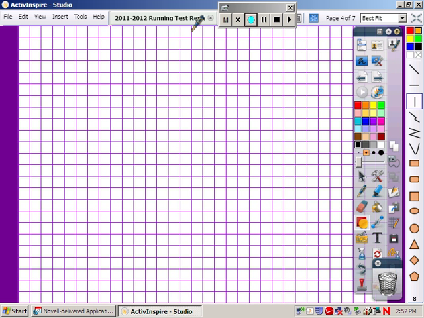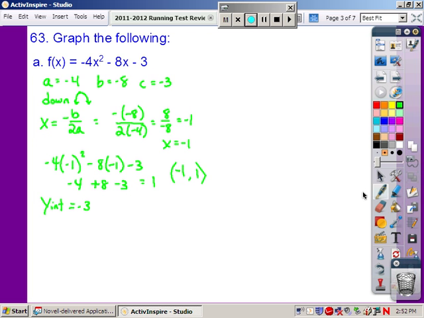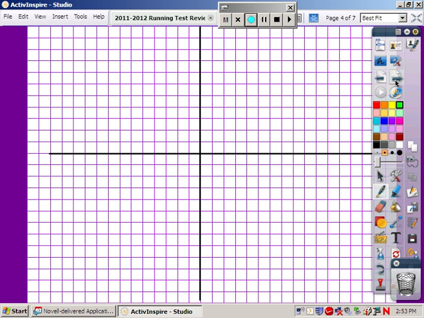So let's just draw an x and y axis in here. And let's go back and put some of this stuff on. All right, the axis of symmetry tells us to put a vertical dashed line where x is -1. So here's where x is -1.